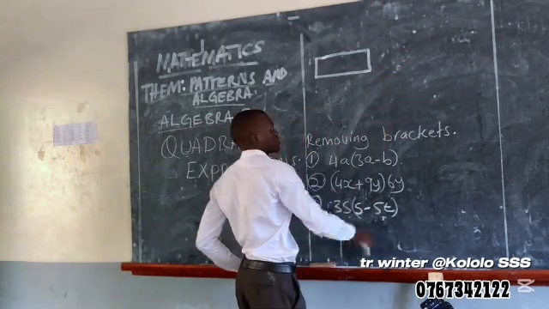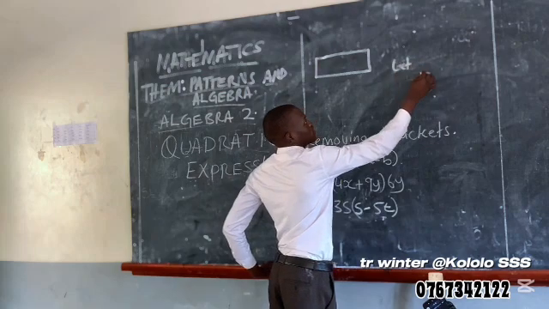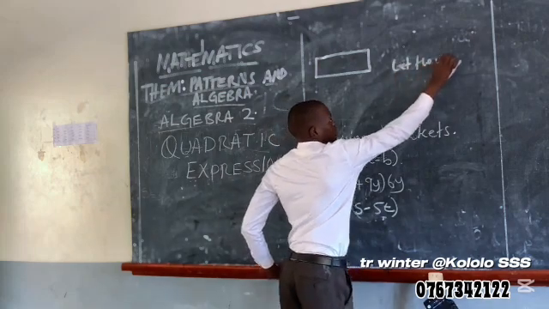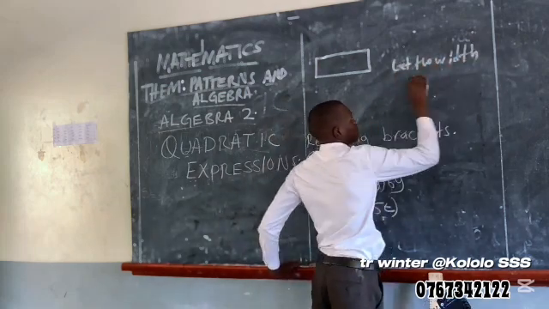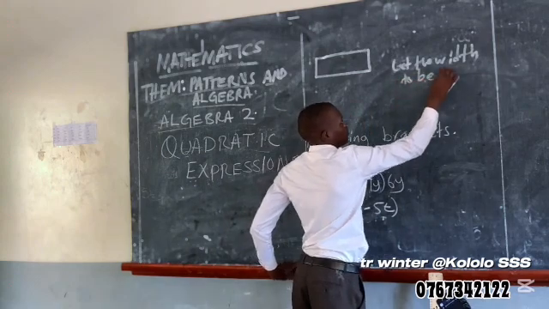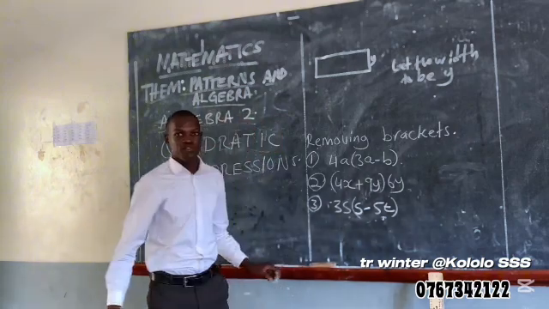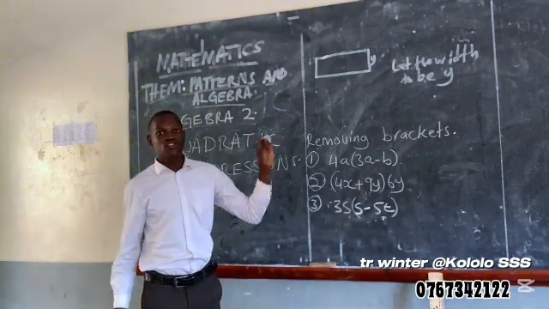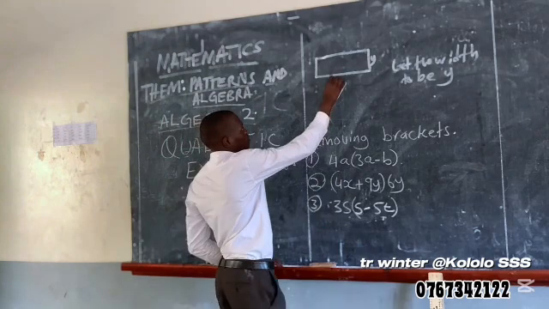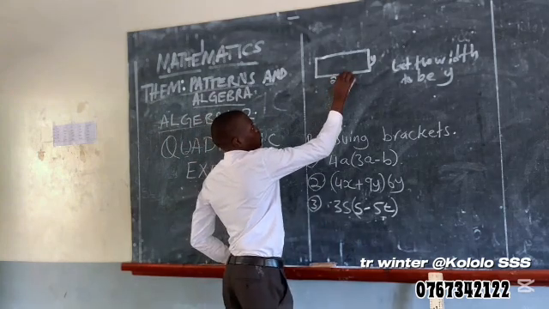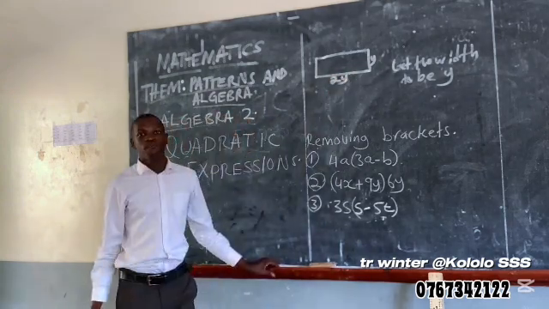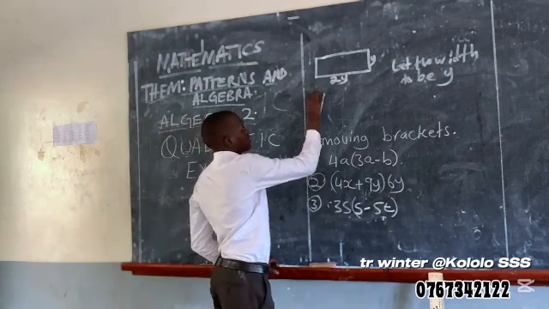You let the width be y, meaning our width is y, but they have said that the length is twice the width, meaning our length will be twice of y.